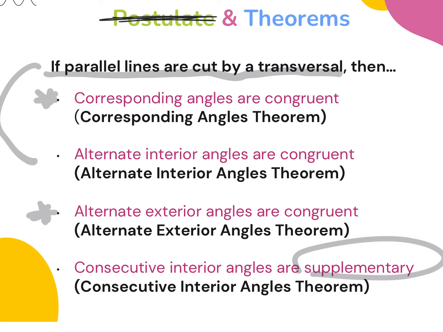What we're going to need to do is look for the 2 parallel lines that are cut by a transversal, and then identify what kind of angle pair we're looking at. If they happen to be corresponding, alternate interior, or alternate exterior, they're going to be congruent angle pairs. However, if they're consecutive interior, then they're going to be supplements.